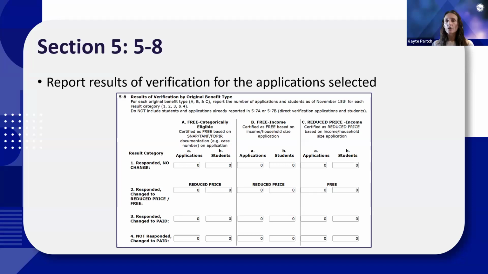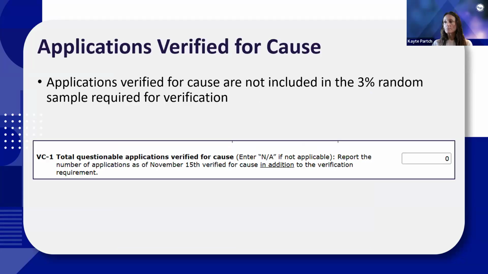And then the small letter or lowercase b, which within each of those 3 vertical sections should represent the number of students who are reflected in each of those applications selected for verification. So again, spend some time here, read this carefully, look at it closely to make sure you're recording and reporting correct values in each of those applicable boxes.